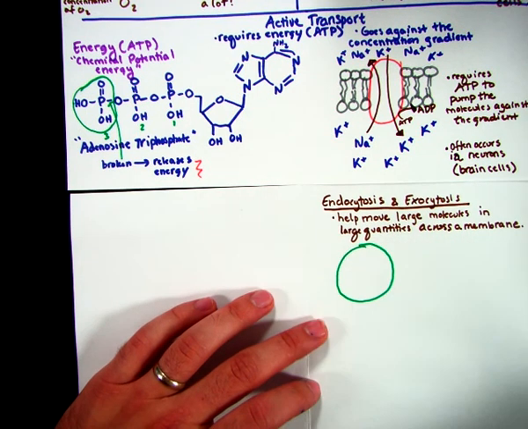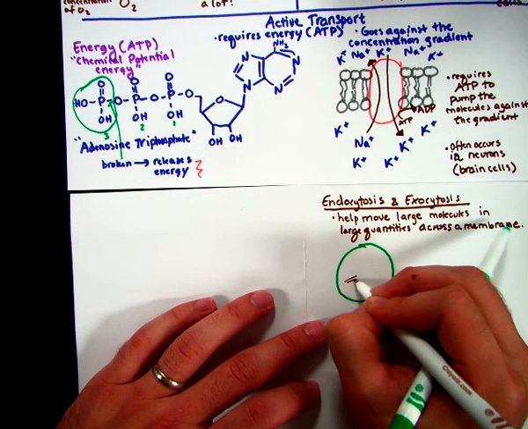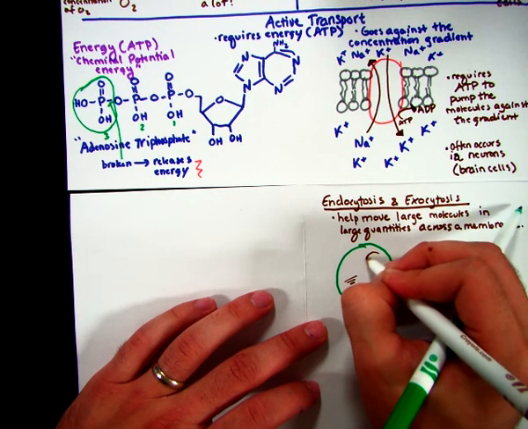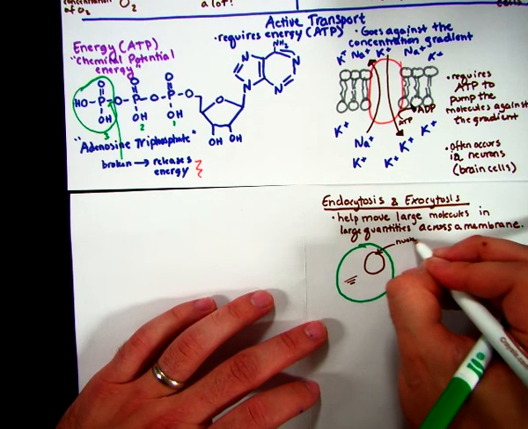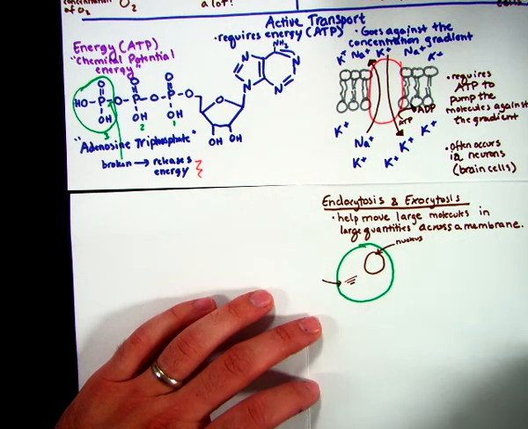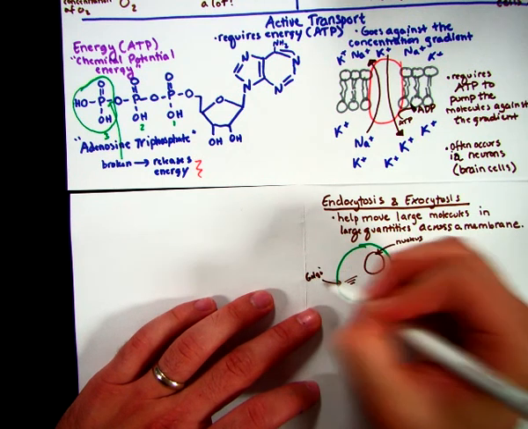Okay, so if I have a cell, I'm going to draw just two basic things in the cell. So I've got my nucleus, and I have my Golgi apparatus. I'll just put Golgi.